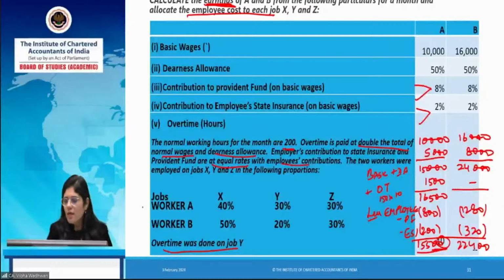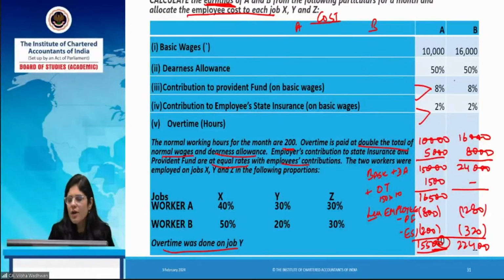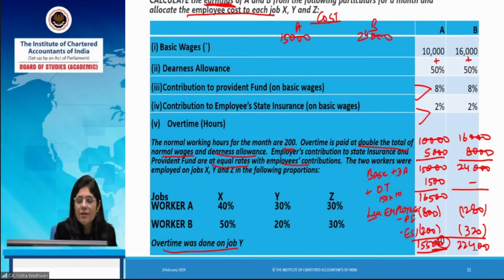Okay. So now the cost. Till now we have done the earnings. Now we will be doing the cost. Cost of A and B. So again, we start with 15,000: 10,000 plus 50%, and 16,000 plus 50% is 24,000. So this is the cost to the employer also. Plus, now we will add the employer contribution, PF and ESI.